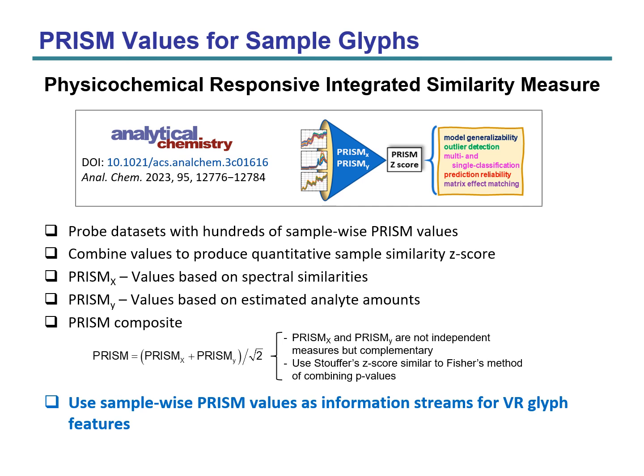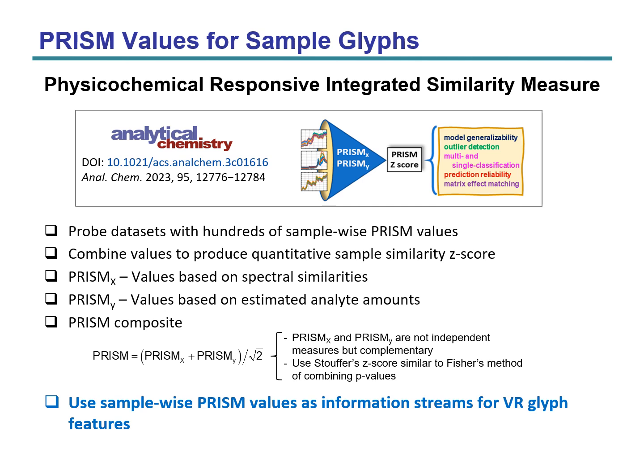In the original paper, we also combined these values to produce a quantitative sample similarity z-score, and we're going to do the same thing in this paper. So every sample in the VR will have a z-score value relative to the training set z distribution.